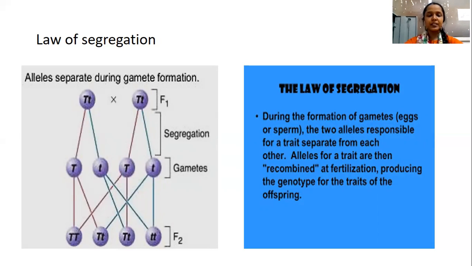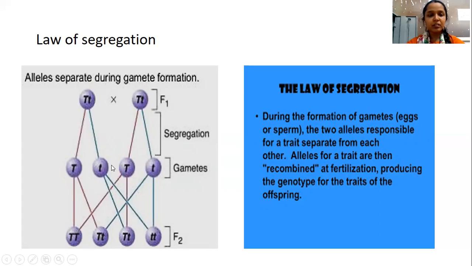And the next one is the law of segregation. See here in this picture, it actually explains. This is an F1 hybrid having the genes for both characters, that is, capital T for the dominant character and small t for the recessive character. This is for tallness and this is for dwarfness. Here, when the F1 hybrid undergoes a self cross, there will be segregation of the gametes.